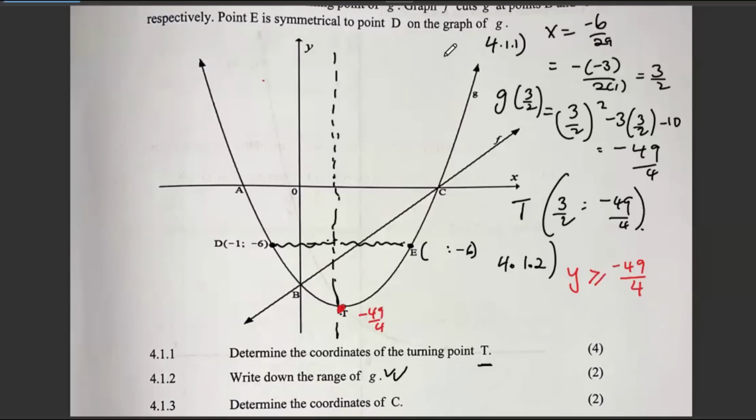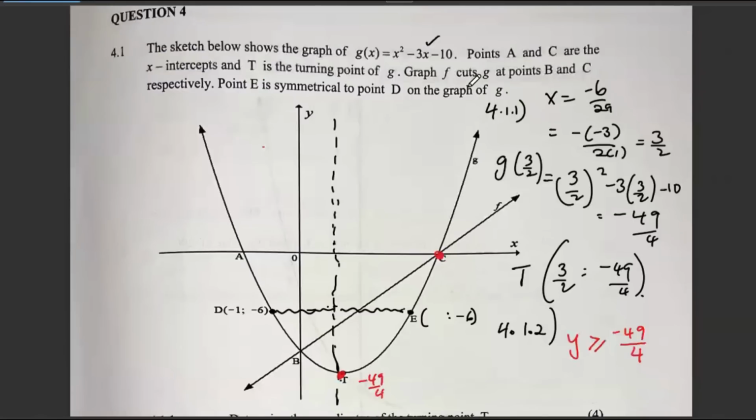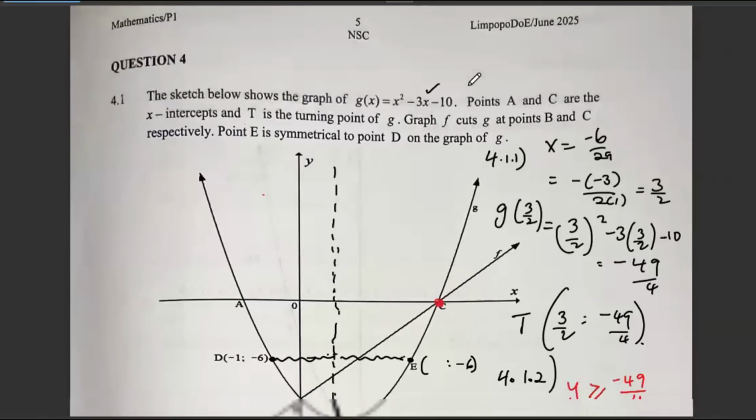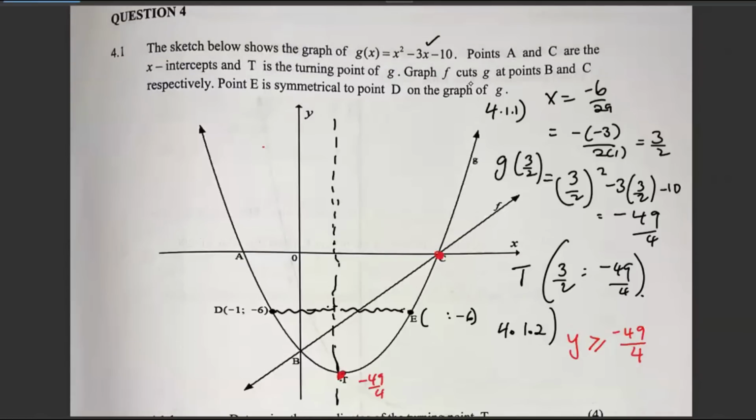And then determine the coordinates of C. C is the x-intercept, and we know that at the x-intercept, y must be 0. Why is the question 2 marks? I don't know. I'll put it aside. 4.1.3. So x squared minus 3x minus 10 is equal to 0. Let's find the factors.